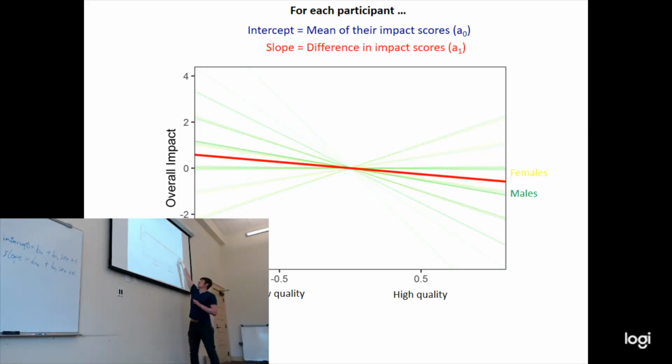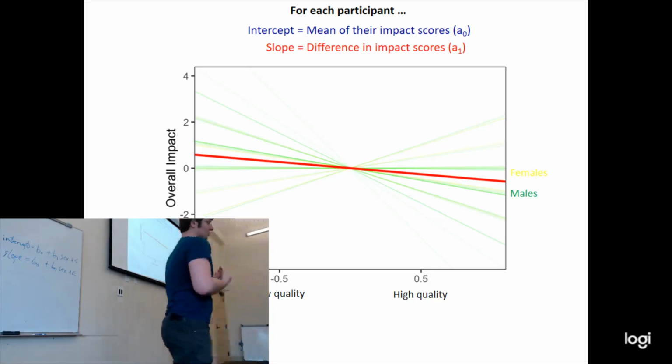It's a little bit hard to see, but there are a few more yellow lines in the upward direction. And just as I have with other kinds of models, I can now draw an overall average for the female slope and the male slope. One way of thinking about it is that's literally the average of those differences for female reviewers, and the average of those differences for male reviewers.